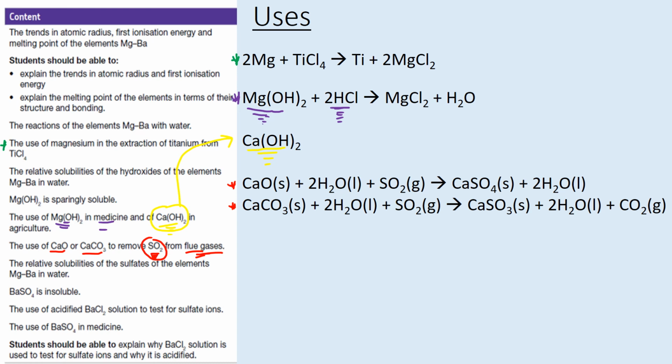You may remember that from GCSE, that fossil fuels can contain sulfur, and therefore when you burn the fossil fuel in industry, you're also burning the sulfur, which creates SO2 as a pollutant, and instead of releasing it into the atmosphere, the SO2 is removed from these flue gases using calcium oxide, calcium carbonate, and there's two equations there to show that happening.